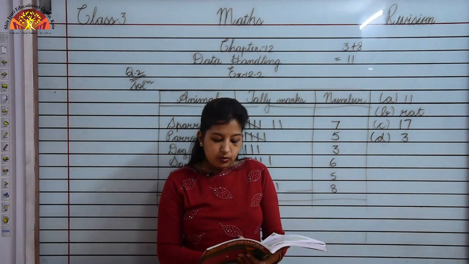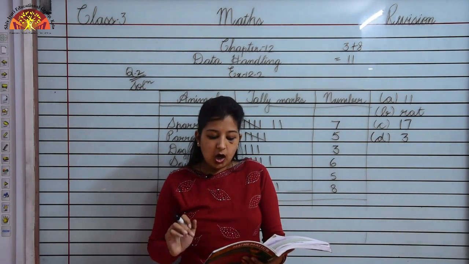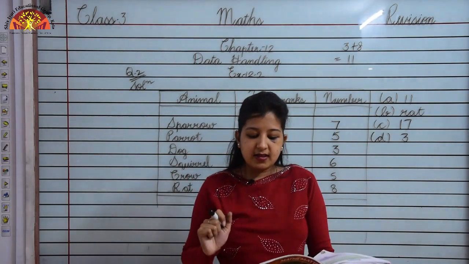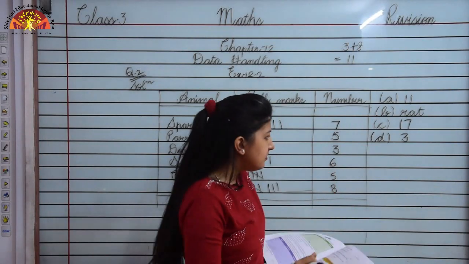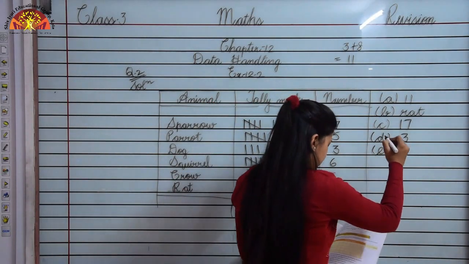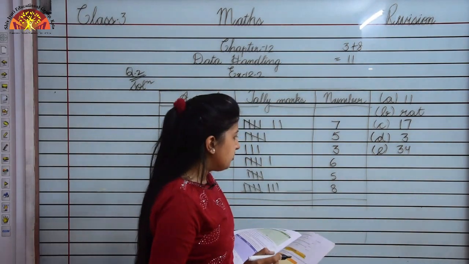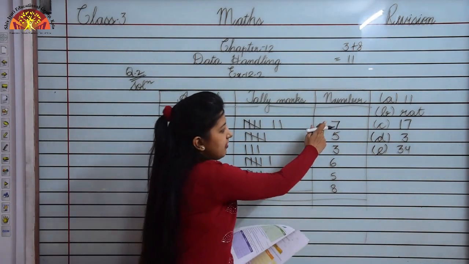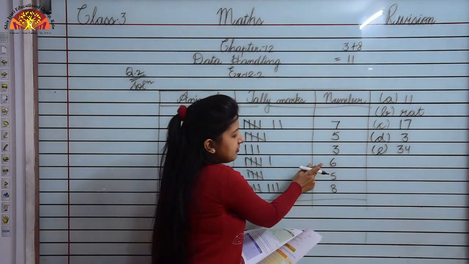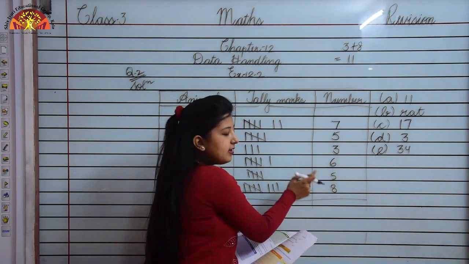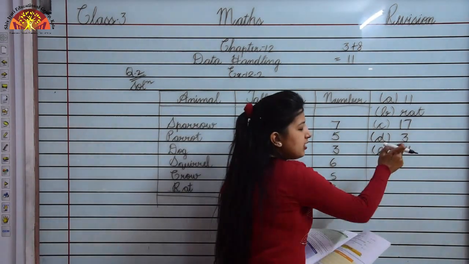Now, E part of this question is, how many birds and animals did he see in all? So, he saw 34 animals in all. 7 plus 5 plus 3 plus 6 plus 5 plus 8 equals 34.